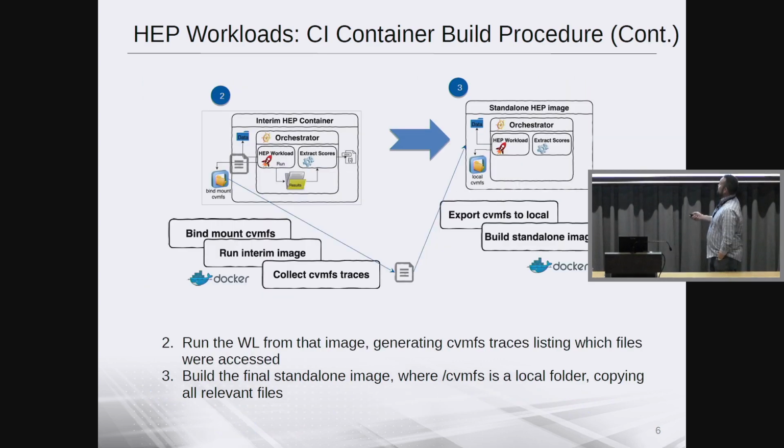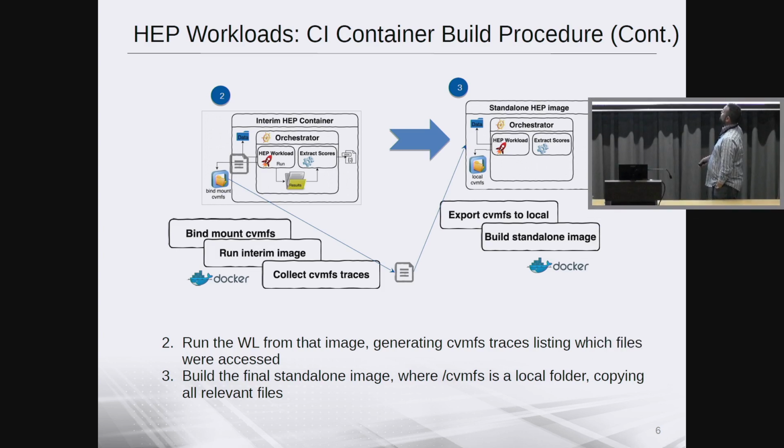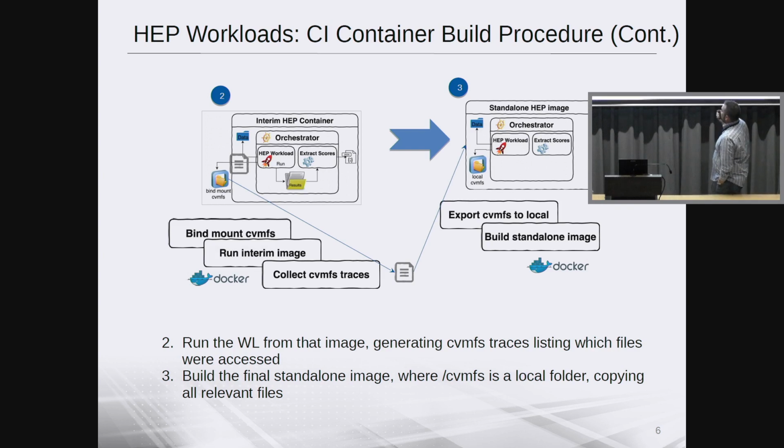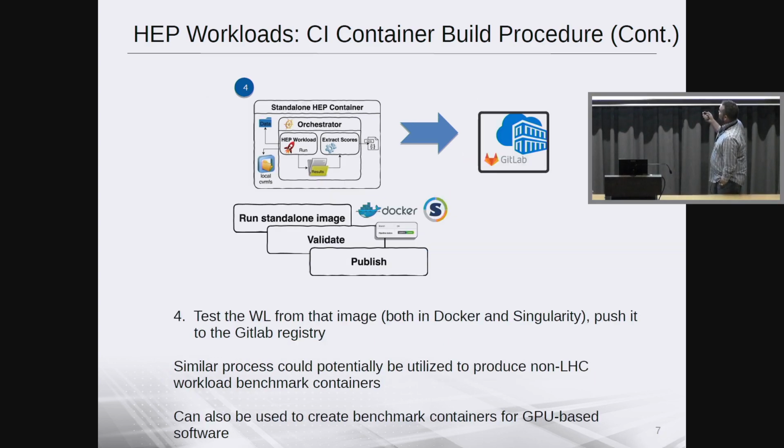We then take the trace and pump it into CVMFS shrinkwrap, which extracts all the necessary components from the repositories and then includes them into the final image. Once that is tested via both Singularity and Docker and passes, it gets pushed into the GitLab registry.